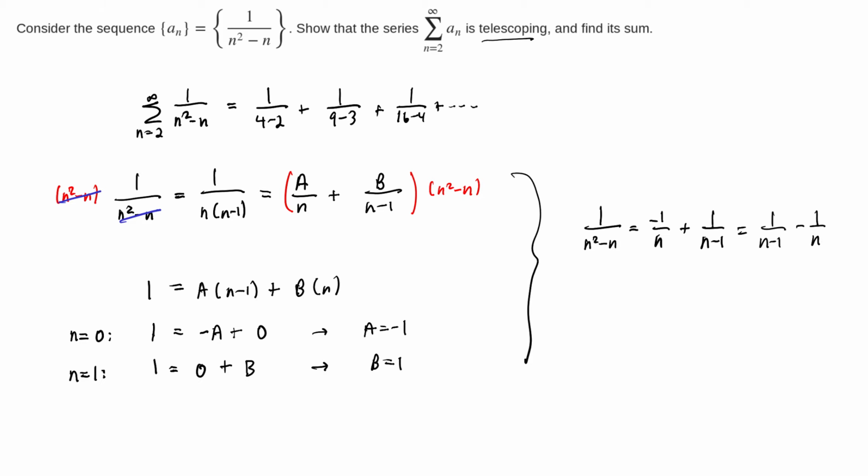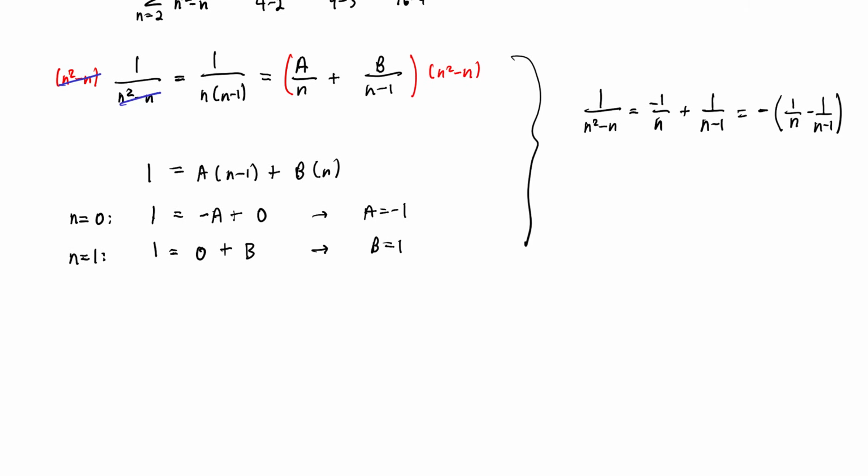Maybe even better, if we want this to match the notes that we've studied, we want this to be some term minus the previous one, right? So we can factor the minus sign out here and write this as 1 over n minus 1 over n minus 1. And then we have a result in the notes.